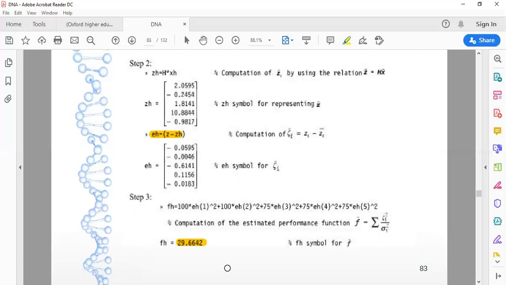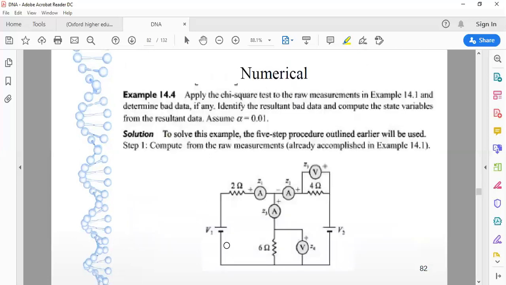Now we have to compare that with the table which will give us the value of chi-square. So over here we have the degree of freedom, with m equal to 5 and n equal to 2. So the degree of freedom is equal to 3. Over here, it is clearly mentioned that you have to take alpha equal to 0.01.